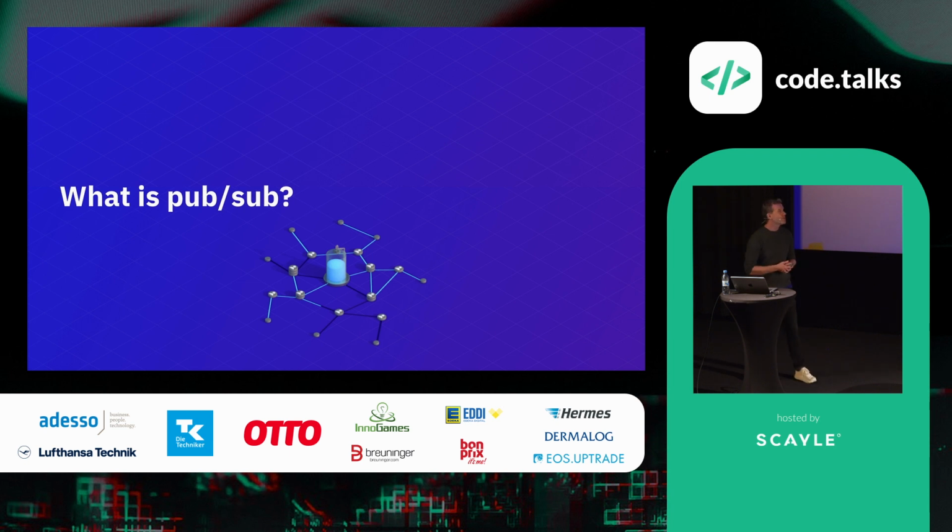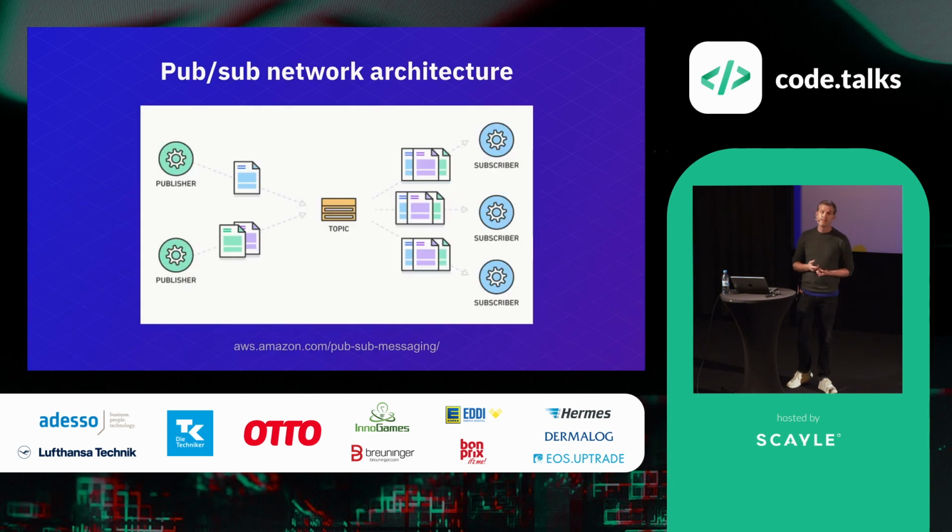Okay, but before we dive into the decentralized pub sub, let's first recap on what we mean by pub sub. So pub sub is a networking architecture. The key characteristic is that the publishers are decoupled from the subscribers.